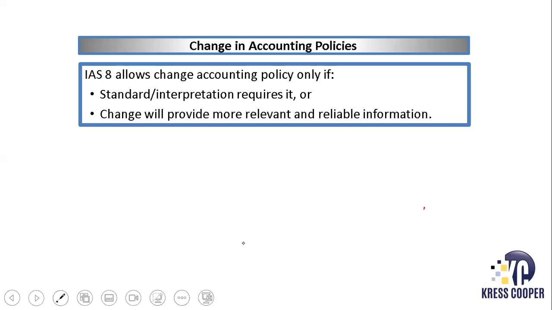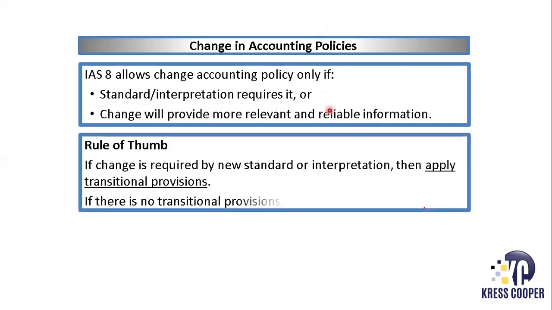So this is a policy to remeasure our property, plant, and equipment items at fair value, leaving a revaluation surplus. Again, this already exists in IAS 16, so we are switching from one method to the other. This is an accounting policy change. Okay, so these are the two reasons based on which the change may take place.